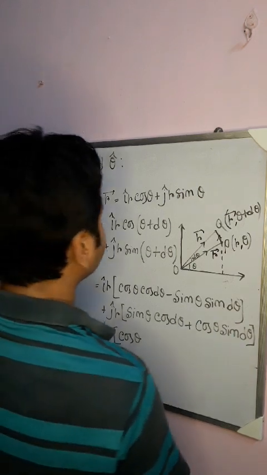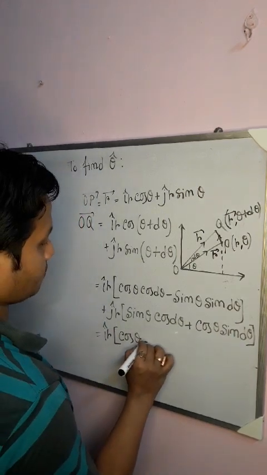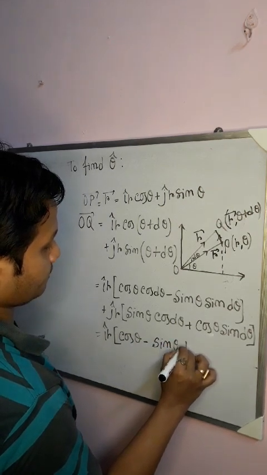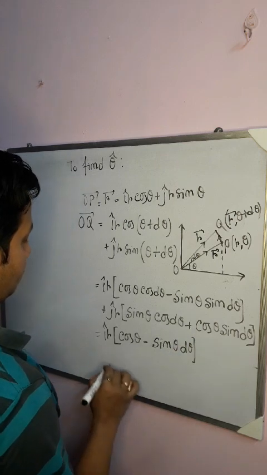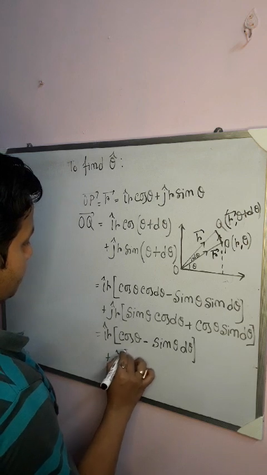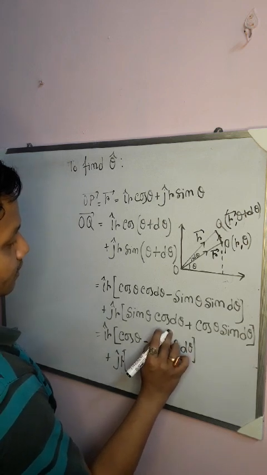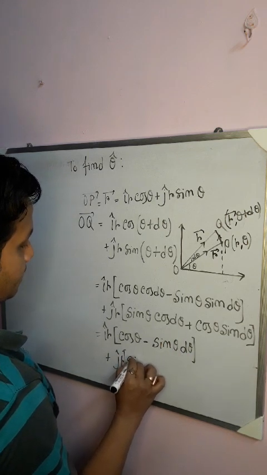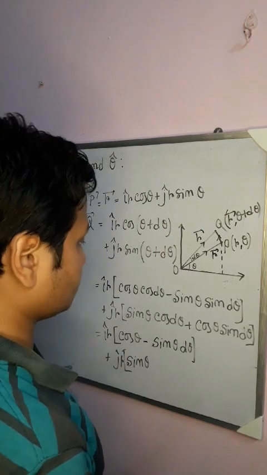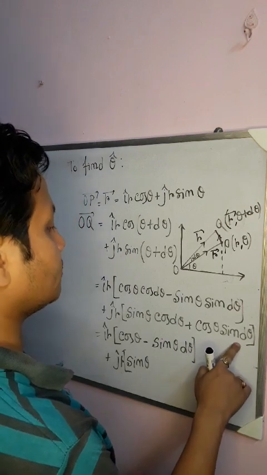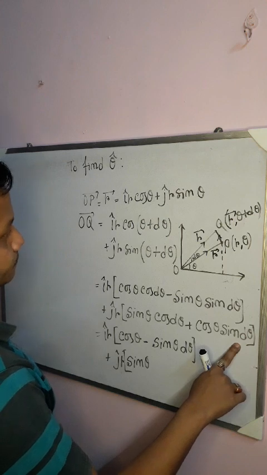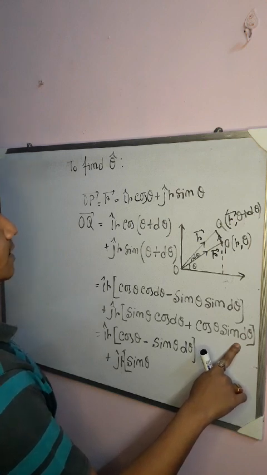So we get i cap r cos theta minus sin theta d theta, plus j cap r sin theta plus cos theta d theta.